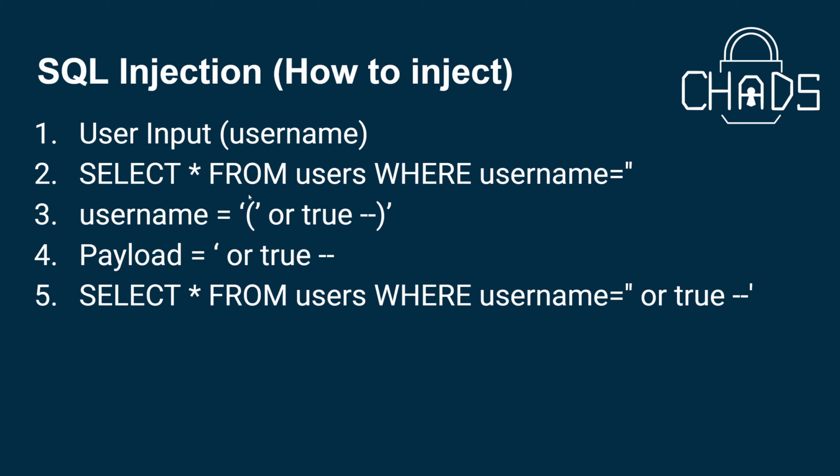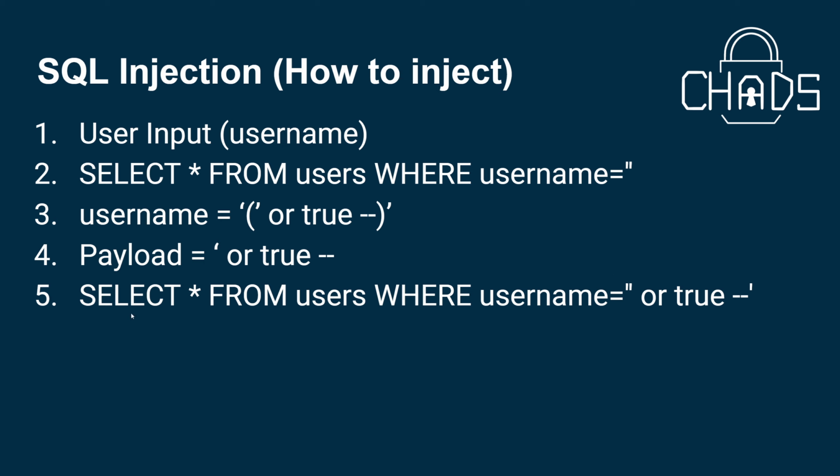Between these two brackets, there are two quotation marks. So the way it'll view it from a SQL perspective is that the username is empty, two quotation marks ending in an empty string. Then or true, and the two dashes are a way to comment. Like in Python, the hash is how you comment, but in SQL you use the two dashes.